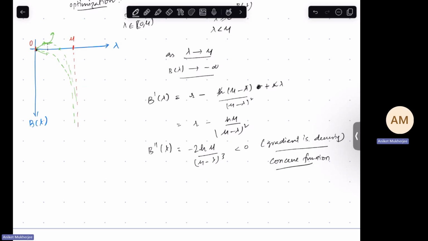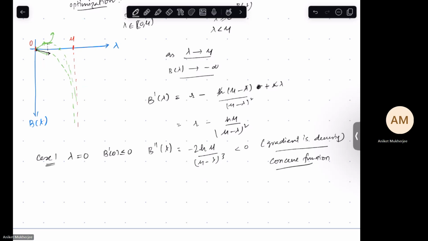So case 1 is you find the optimal at 0, that is if v dash of 0 is less than or equal to 0. So if you have a negative gradient at 0, that means you're going down from 0.